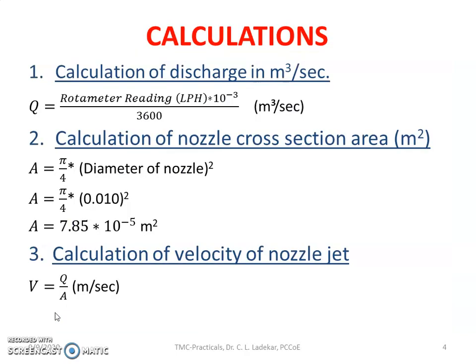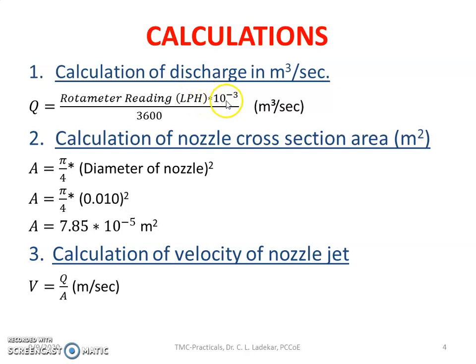The methodology of calculation is very simple. First of all, you will be calculating the discharge in terms of meter cube per second. You are given the rotameter reading, which is in terms of liter per hour.